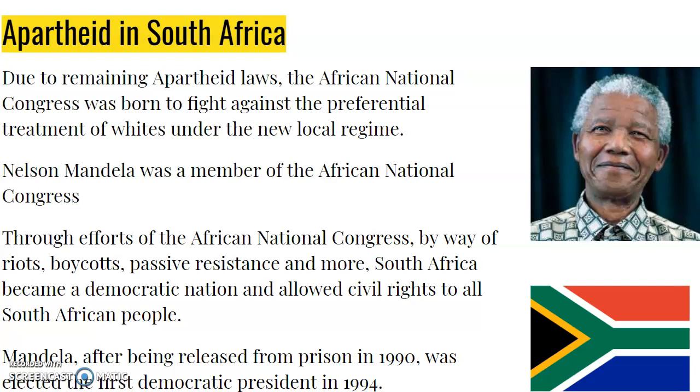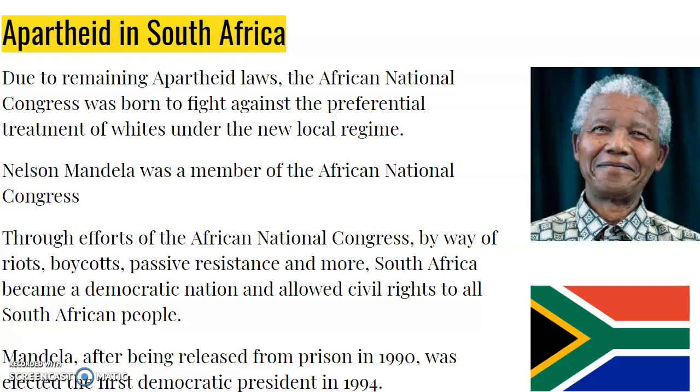The African National Congress would be similar to our American Civil Rights Movement, where people are boycotting things, standing up for their rights, but not in a violent manner. So Nelson Mandela was a very important member of this. After he gets out from jail, he starts speaking about how South Africa can be unified.